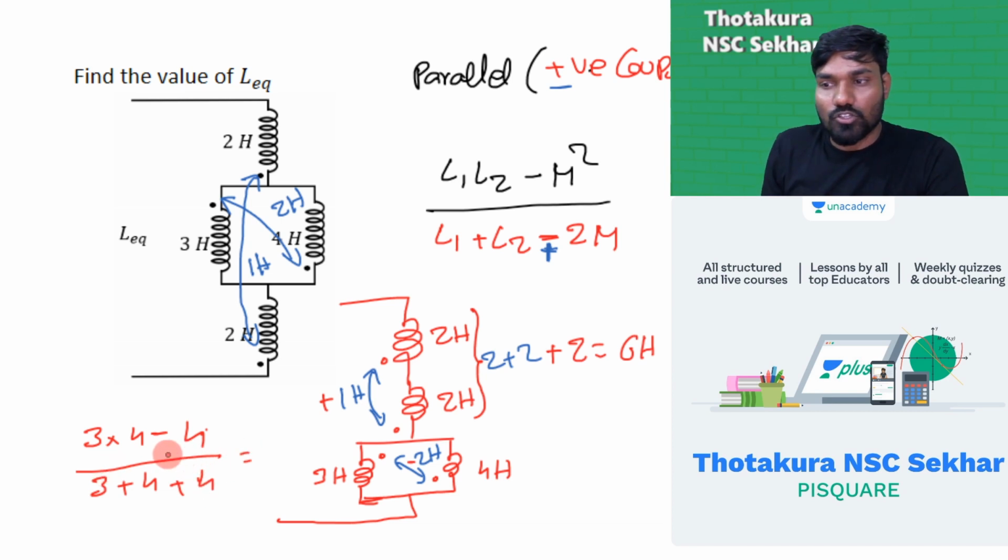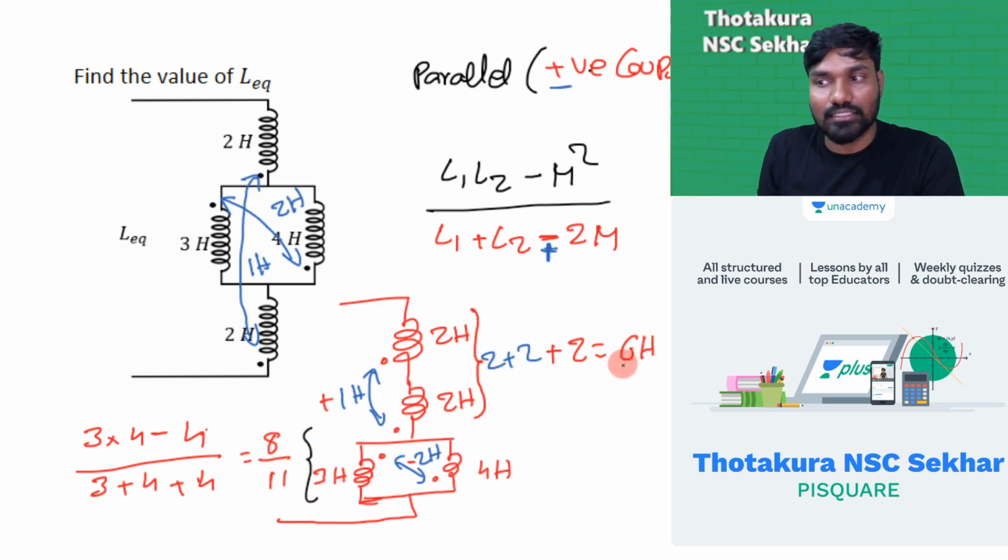So 12 minus 4 is 8, by 7 plus 4, which is 11. So the resultant of this is 8 by 11.